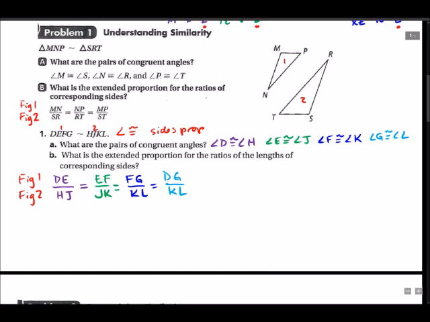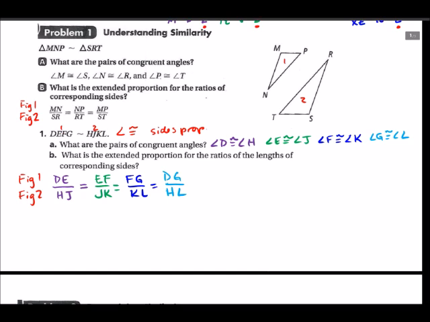On the second figure, my first side is HJ. Position 2 to 3, EF, 2 to 3, JK, FG, KL, and then D to G, coming back around, and, oh, not paying attention here, D to G, and H to L. There we go.